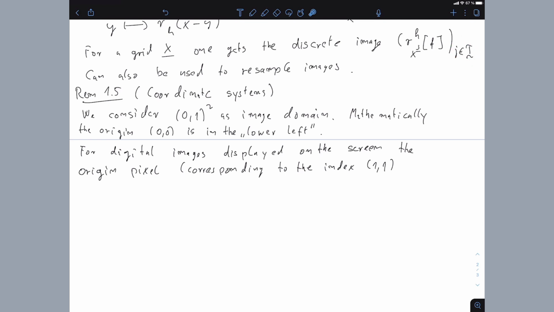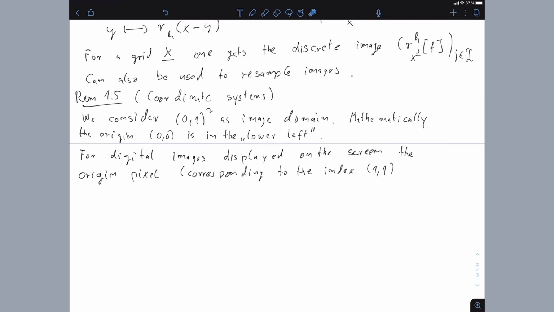So the first pixel that we have is 1, 1. If you think about C indexing, then you would, of course, have 0, 0. But with our notation, it's 1, 1. That is top left. Whenever you take your favorite image processing program or image editor and open a picture, 1, 1, the first pixel, is on the top left.